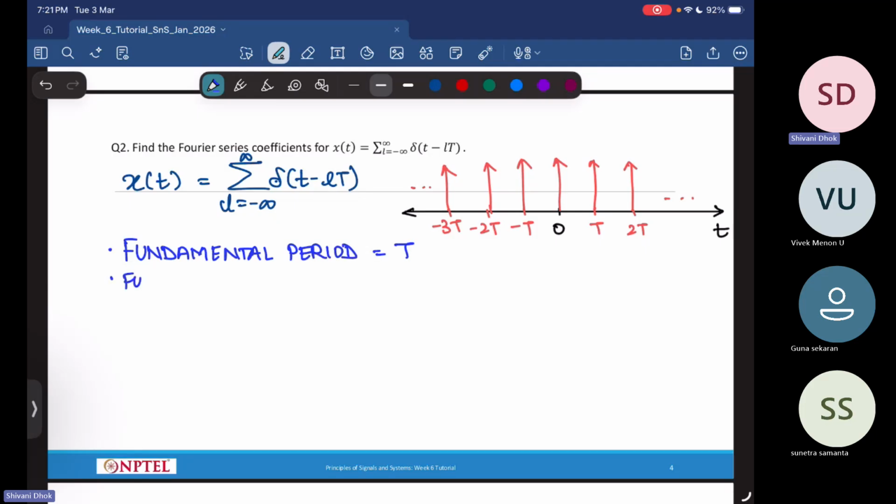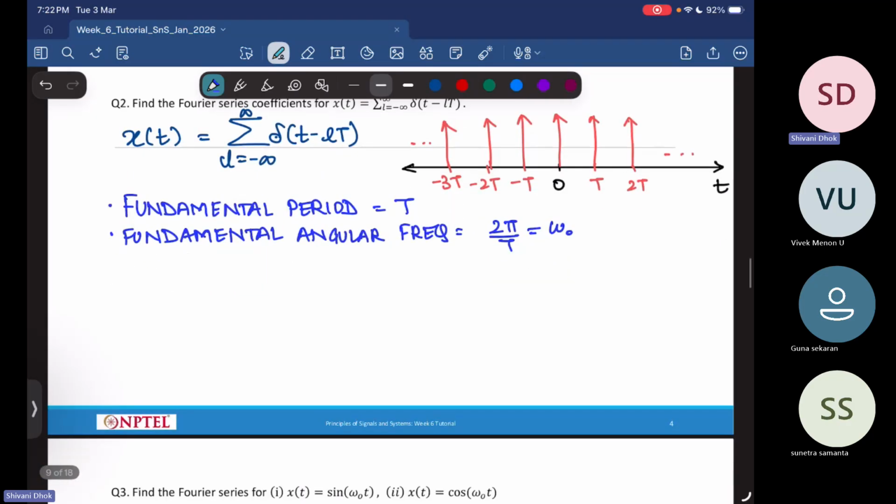So your fundamental angular frequency is 2 pi by t. So this is your omega naught. Therefore your ck is 1 over the fundamental period t, integrate over any period x of t into e power minus j k omega naught t dt.